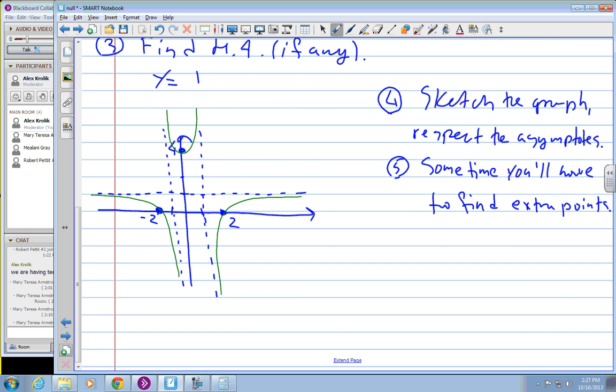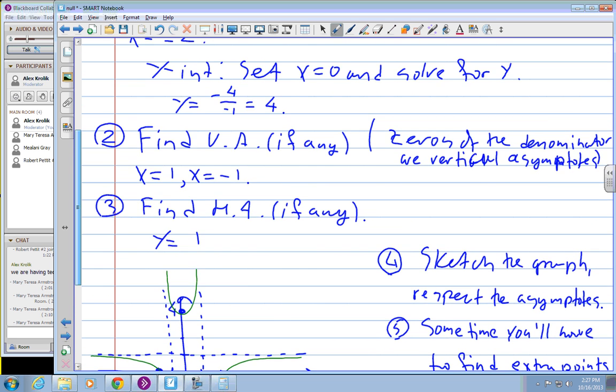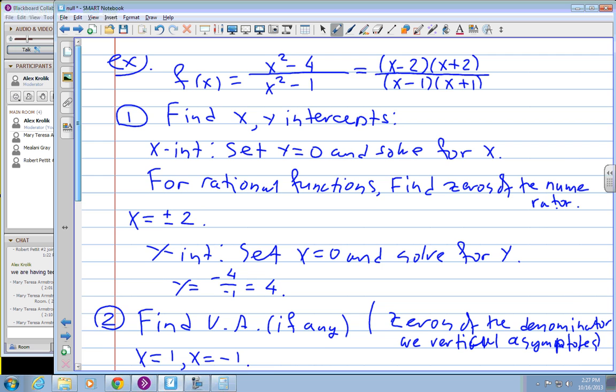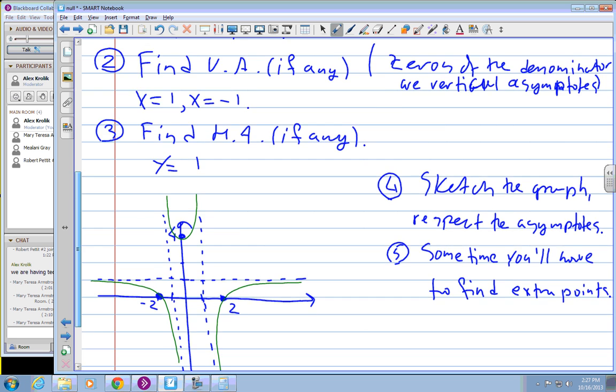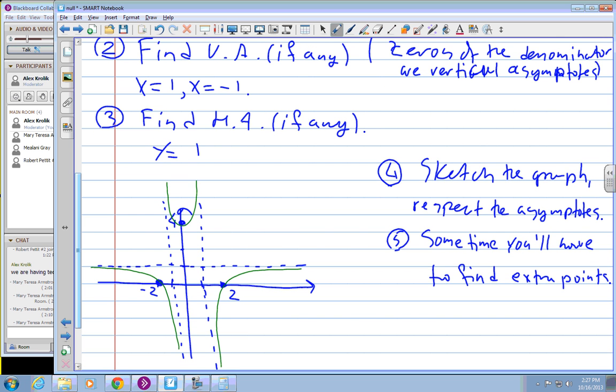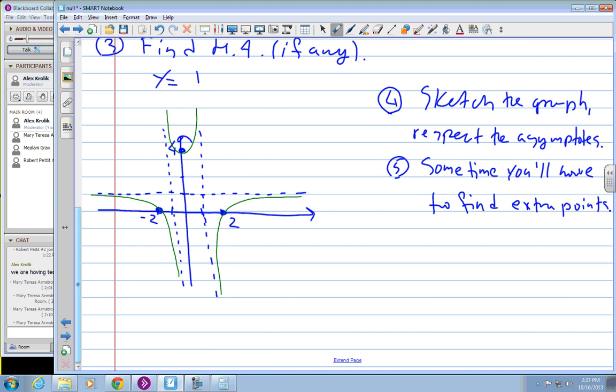I spent all this time explaining the horizontal asymptotes, but you do the x-y intercepts, you do the vertical, you do the horizontal. If there are no horizontal asymptotes, we haven't talked about the 3rd type of asymptote yet, but how is that for now? Is that good? All right, let's try another example.